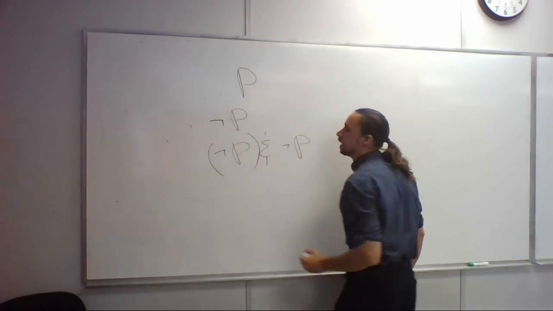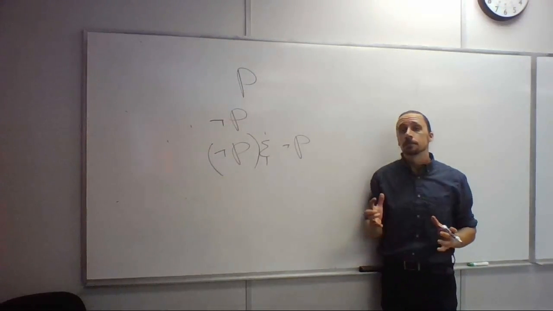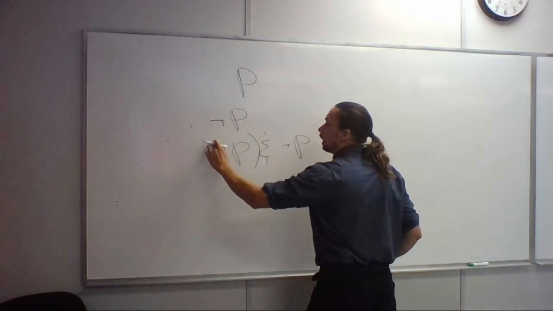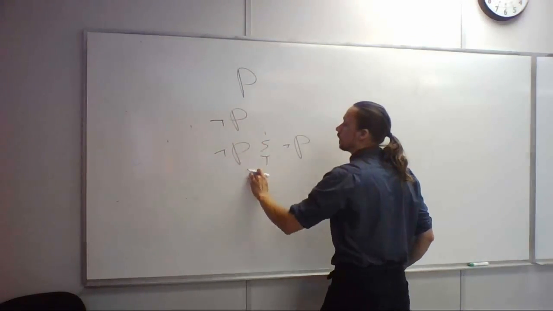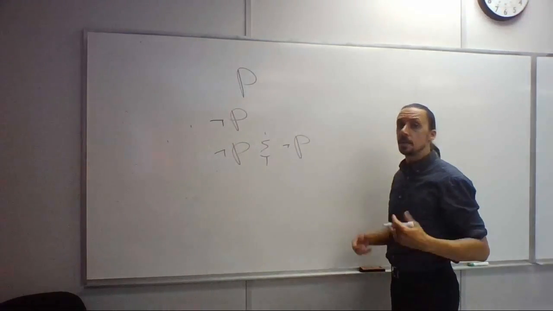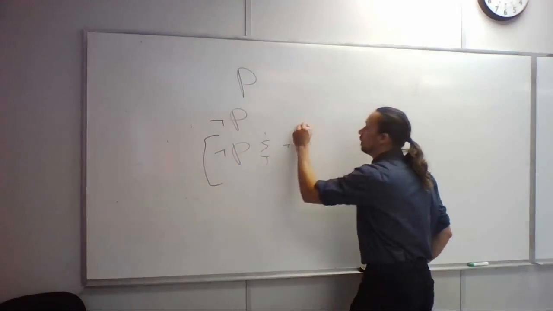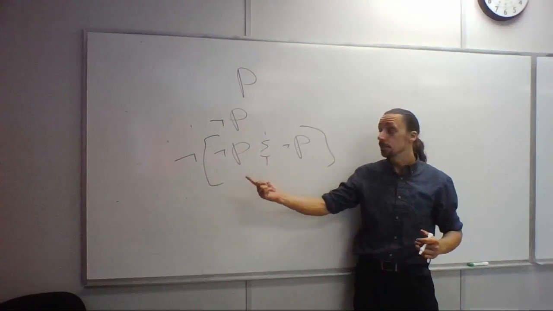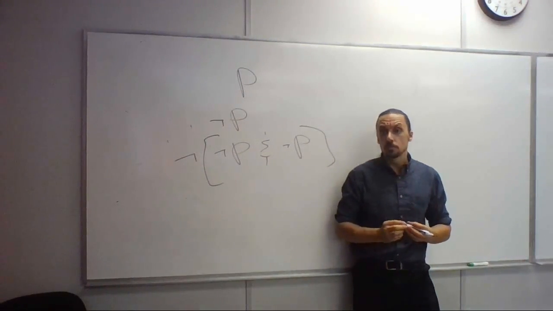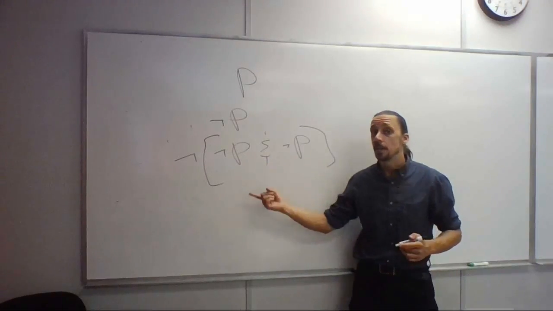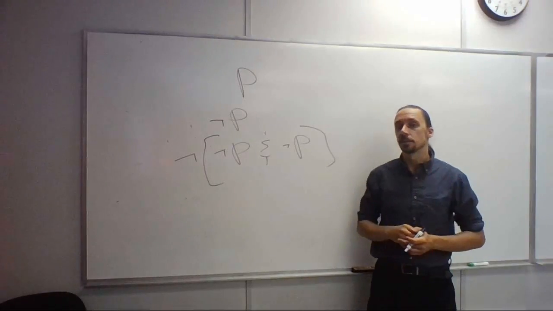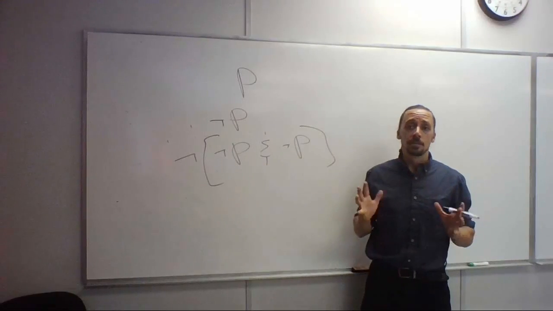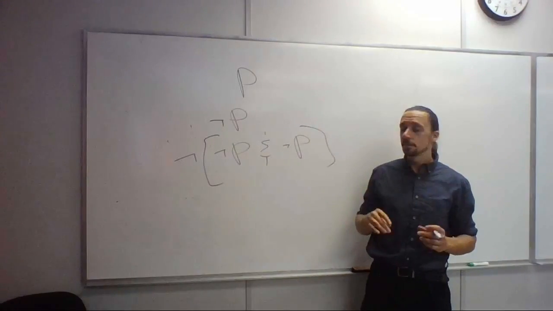Because now this becomes the whole metavariable, the complex statement that I could add information to. So if not P and not P is a sentence of SL, then I can also make a big bracket here and say negation. Because now this whole sentence can be negated using the rules, right? Because if this is a sentence of SL, then its negation is a sentence of SL. So it's not the case that not P and not P. And that's a perfectly cromulent sentence.